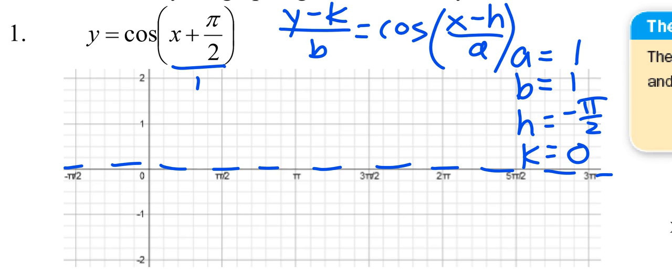We still got the old x-axis. Find me HK. Where is that coordinate HK? Negative pi over 2, yeah, and right over here.